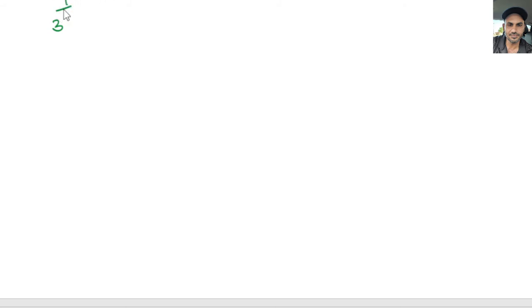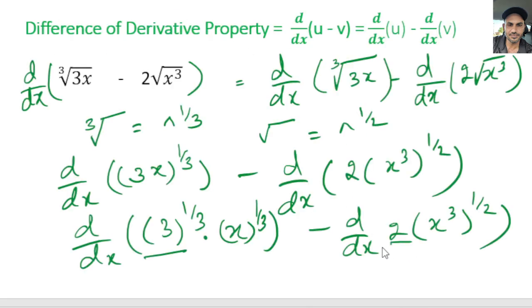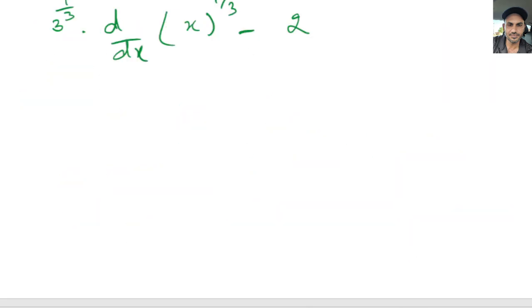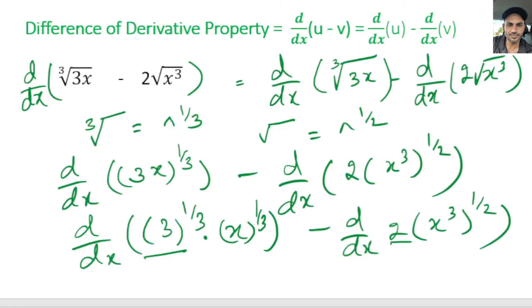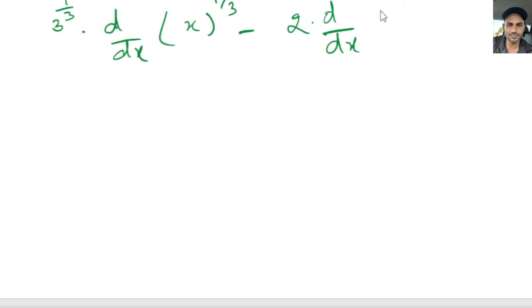3 to the 1/3 power times d over dx of x to the 1/3, minus, I'm going to take the 2 out from here, out of the derivative, times d over dx of x to the 3rd raised to 1/2.